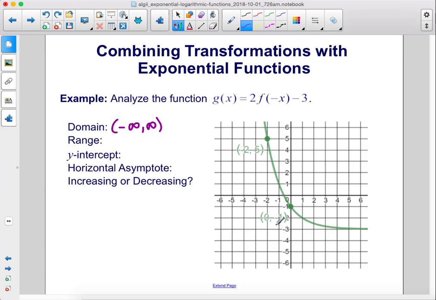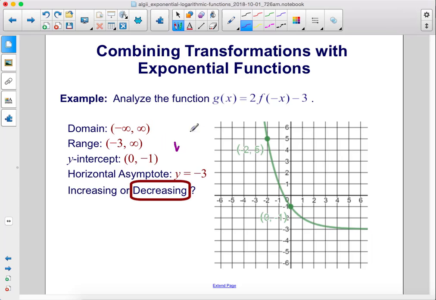The range is going to be from negative 3 up to positive infinity, because you can see that there's a horizontal asymptote right where y equals negative 3, since we have this negative 3 vertical shift. The y-intercept is right here at (0, negative 1), and from left to right, it's going downhill. It is decreasing. And there we have it.